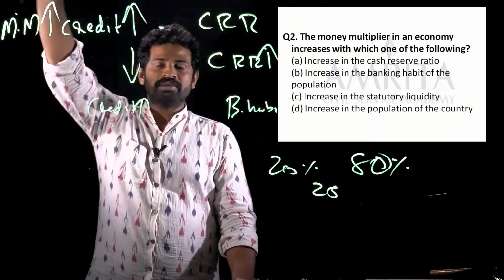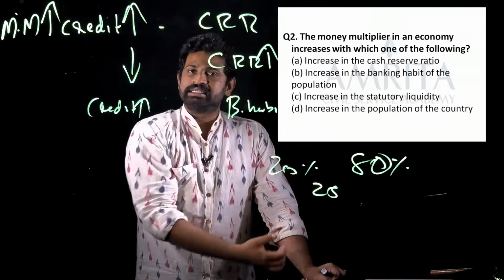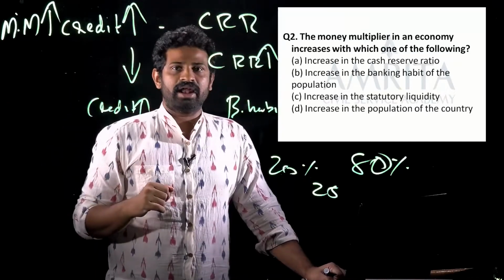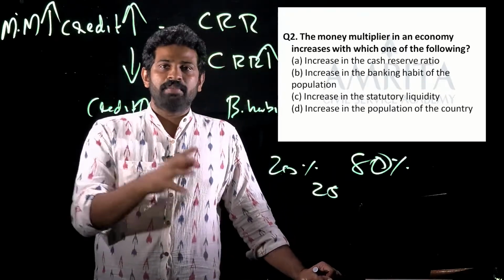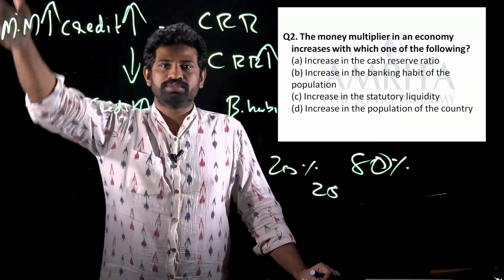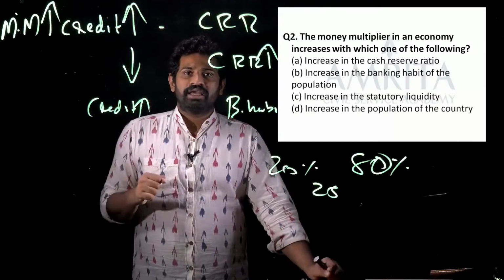Money multiplier increasing means credit should go up. So what are the things in the statement that should help credit go up? We know that CRR and SLR pull credit down, but banking habit can help credit availability in the market go up. So it has to do something with the money multiplier, right? So this is the logic part of it.